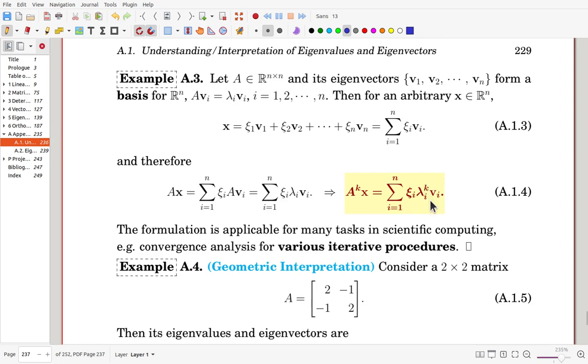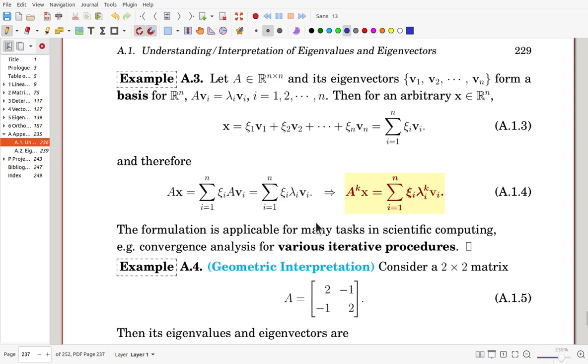This formulation is applicable for many tasks in scientific computing. For example, if A is an iteration matrix, then we can analyze the convergence of the iterative procedures. In many ways, it can be used.